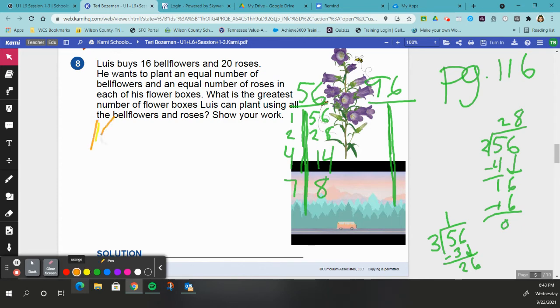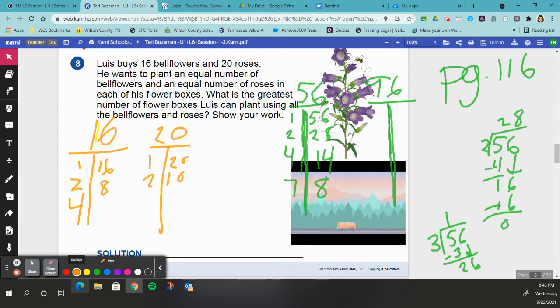If we list our factors of 16, then we're talking about 1 times 16, 2 times 8, and 4 times 4. If we're looking at our factors of 20, then we have 1 times 20, 2 times 10, 3 is not a factor, 4 times 5.